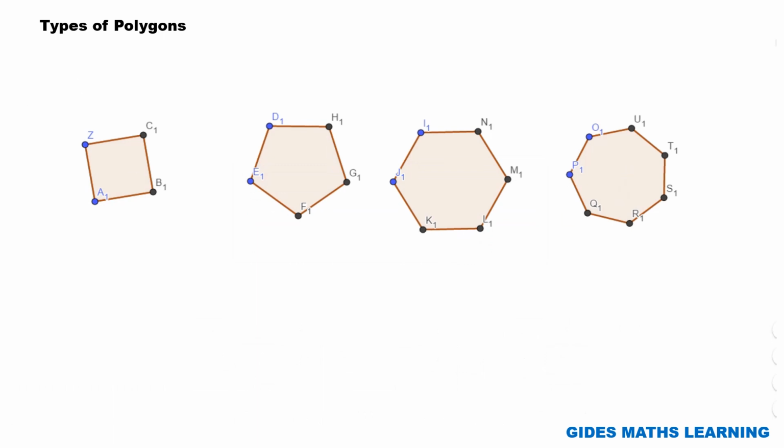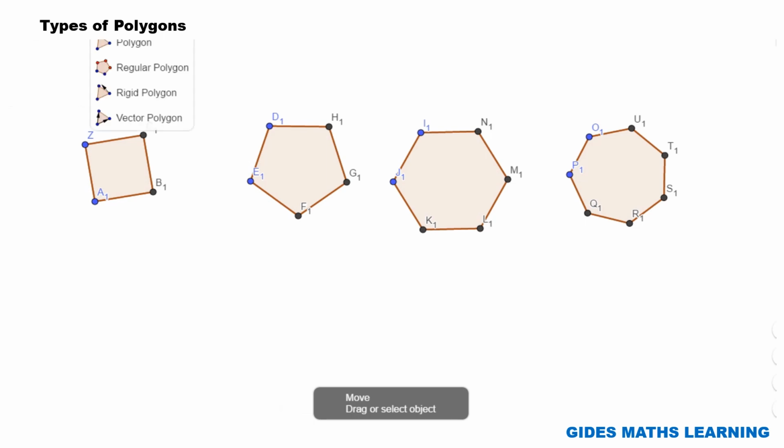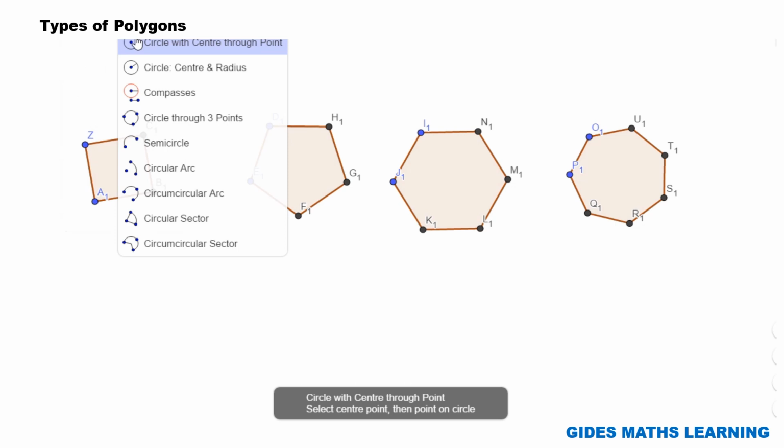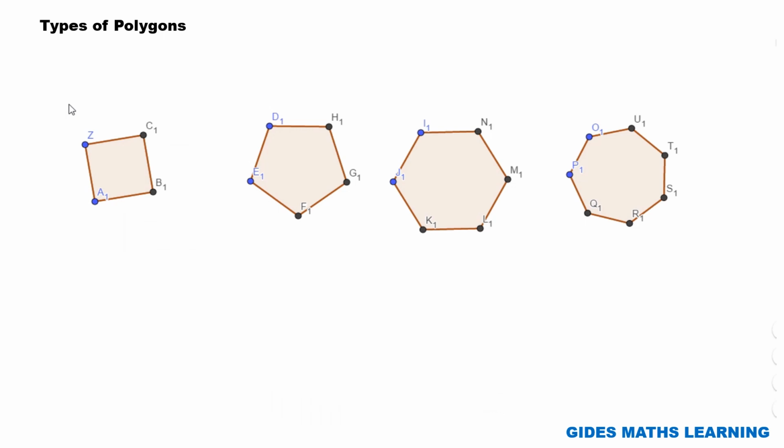Okay, let's measure the size. Now the difference between regular and irregular polygons also lies in the length of the sides. So here we have a regular quadrilateral, a regular pentagon, a regular hexagon, and a regular heptagon.